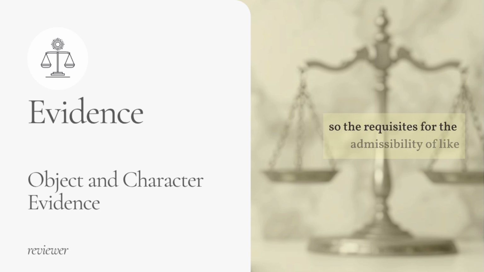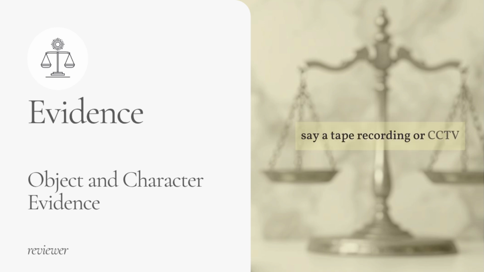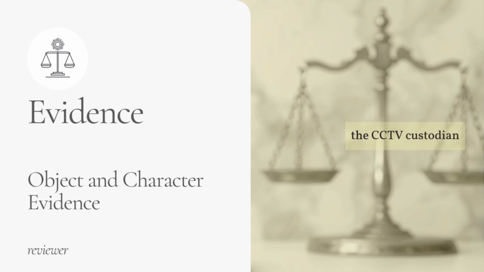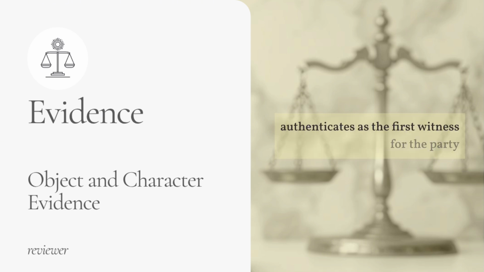So, the requisites for the admissibility of, say, a tape recording or CCTV. If there is a CCTV custodian who is authenticating footage which shows A attacking B, okay, the custodian authenticates as the first witness for the party, but did not actually witness the events.